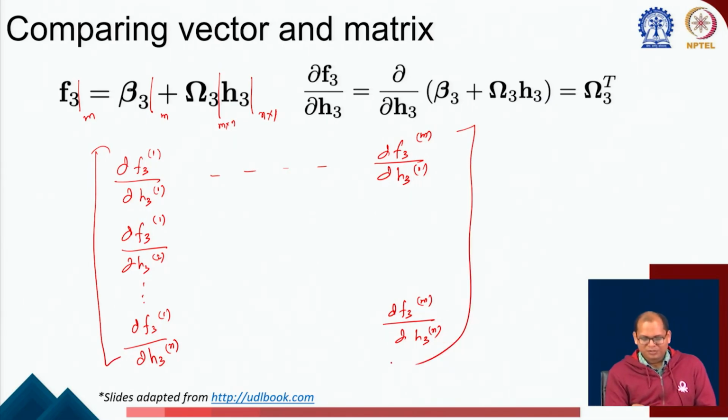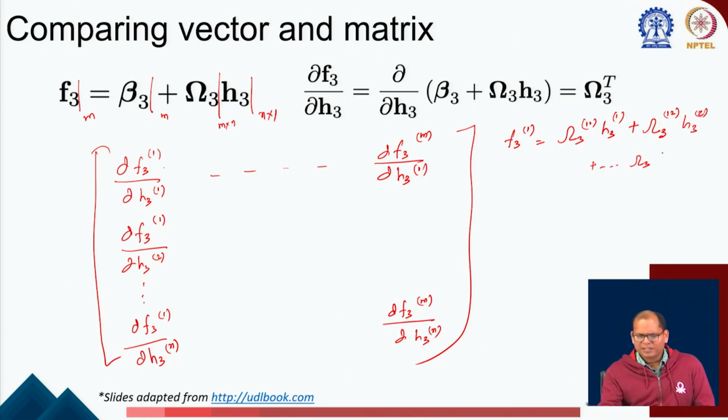Now let's try to compute some of these elements. So what will be dou F3 1 over dou H3 1? F3 1, the first quantity, will be omega 3 1 1 H3 1 plus omega 3 1 2 H3 2 and so on up to omega 3 1 n H3 n, right.